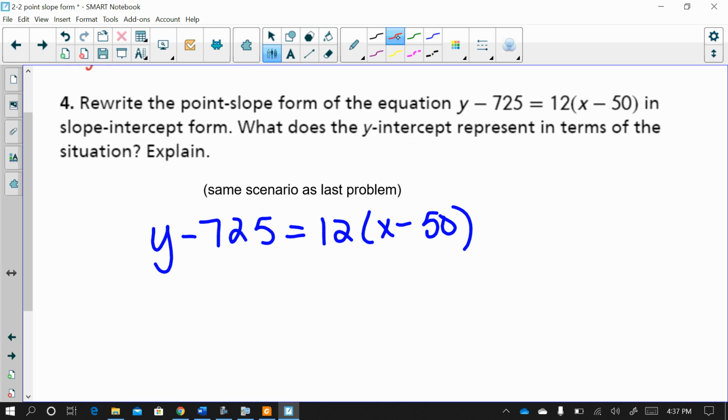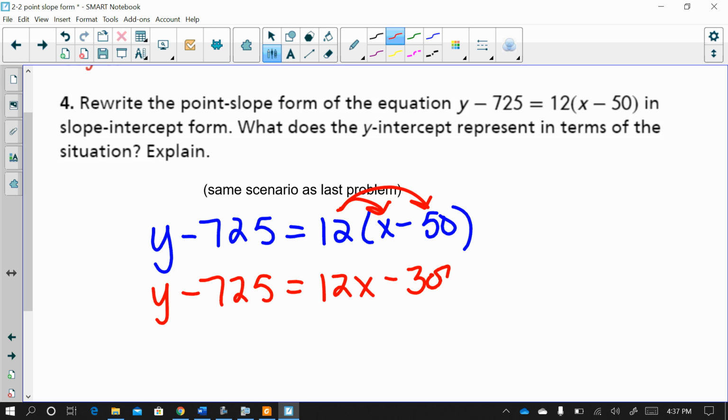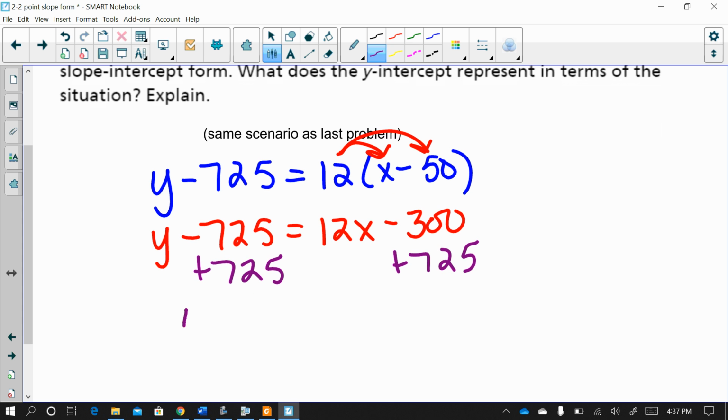If I was doing this, first thing I would do is distribute. Gotta get y by itself, so add this 725. So y equals 12x plus 425.